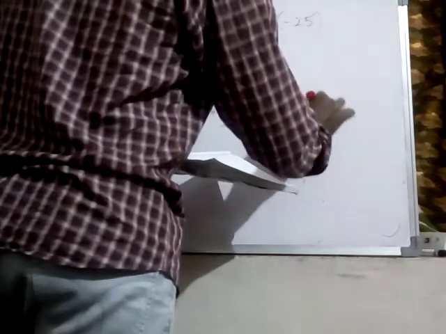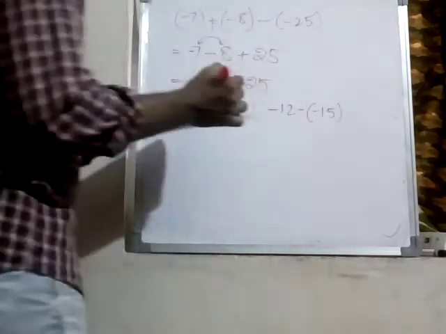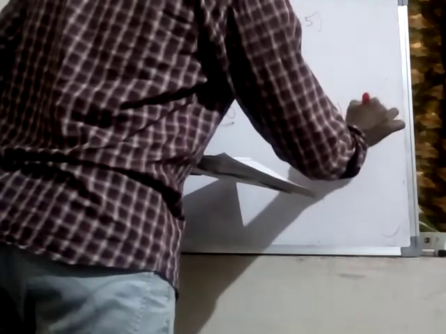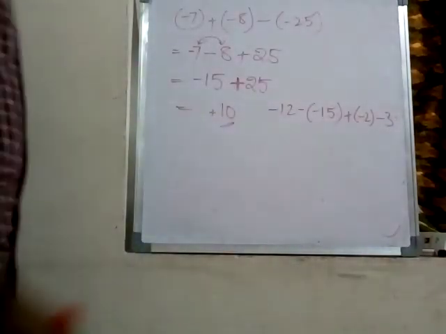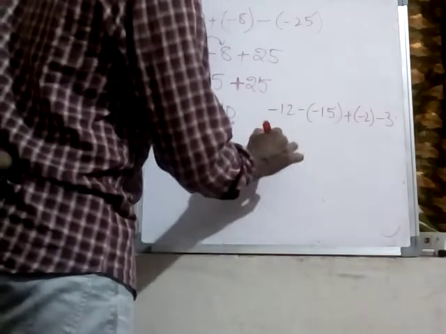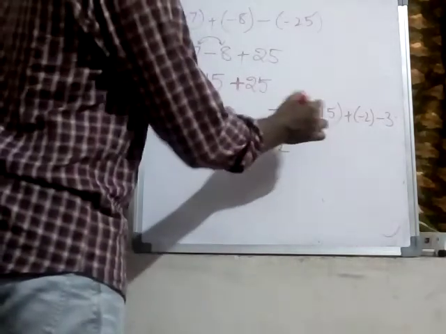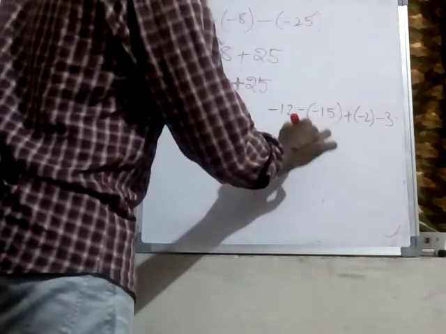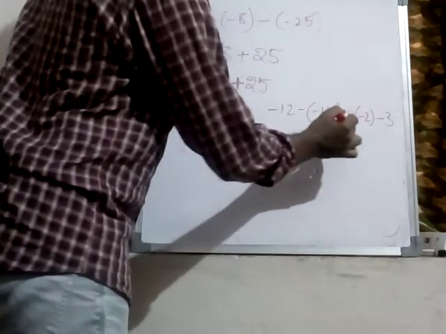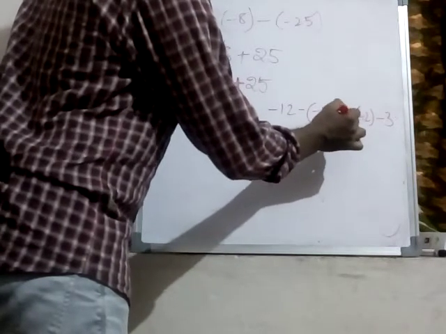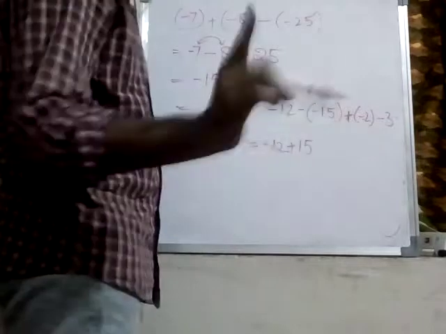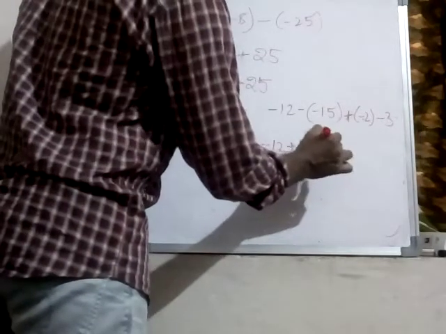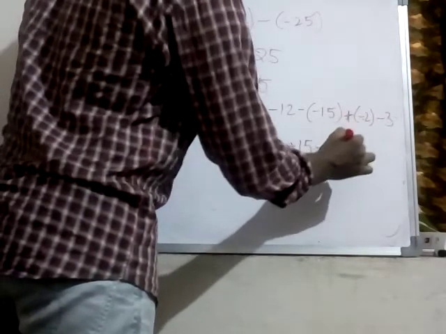Minus 12 minus of minus 15 plus of minus 2 minus 3. Directly given: the first one is minus 12, minus into minus plus 15, then plus into minus, so first of all simplify the signs. Where two signs are there, convert into only one sign. Plus into minus, minus 2, here minus 3.